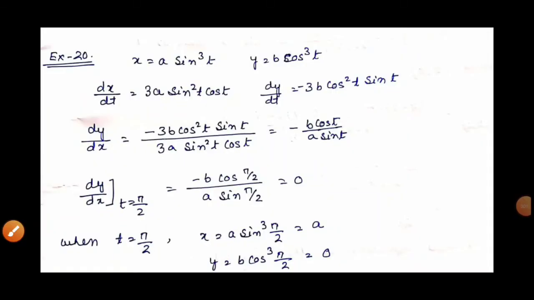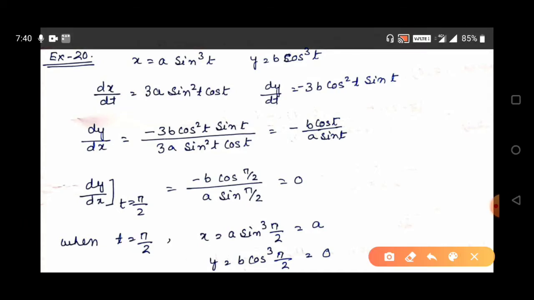Example 20. Find the equation of tangent to the curve given by x is equal to a sin cube t and y is equal to b cos cube t at the point where t is equal to pi by 2. So here the curve is given in this way.